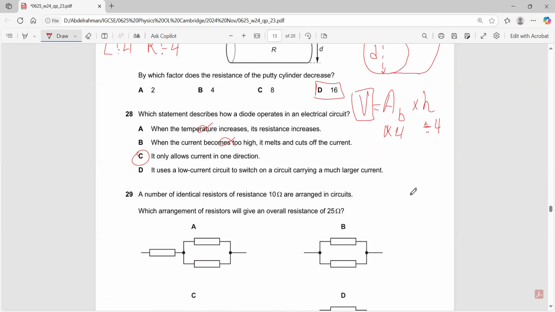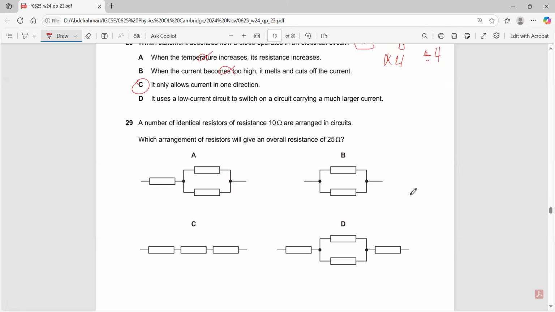Which arrangement of resistors will give an overall resistance of 25? If all of them are 10 ohms, again, we said you need to memorize it. If you have two resistors which are the same resistance and they are in parallel, then just take it as a rule of thumb: the total resistance of these two resistors would be half the resistance.